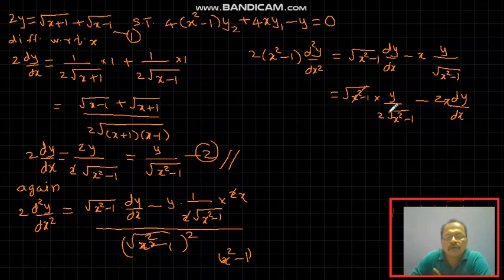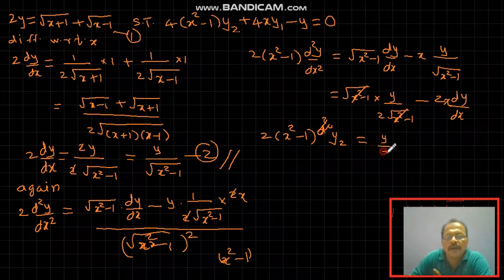This square root of x square minus 1 cancels out and we get 2 into x square minus 1 into d2y by dx square. In place of that I am going to write y2, is equal to y by 2 minus 2x y1.